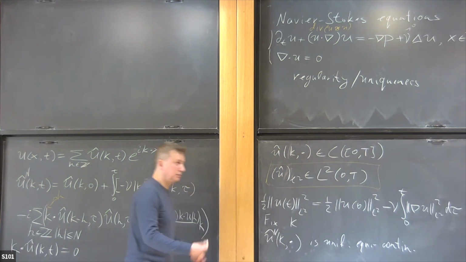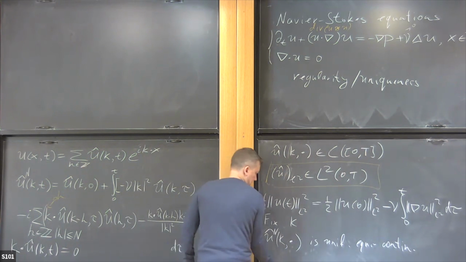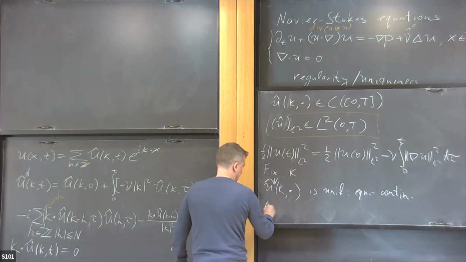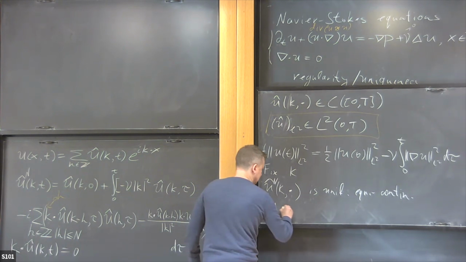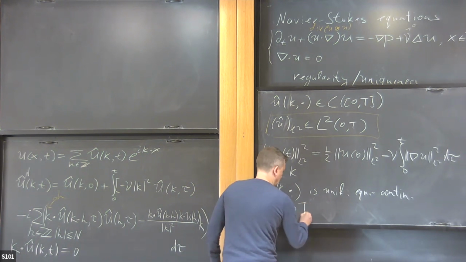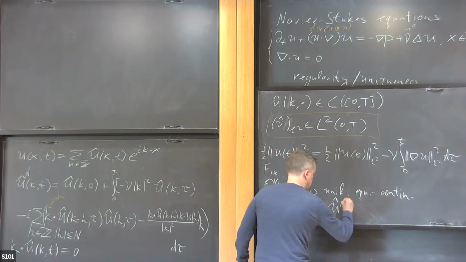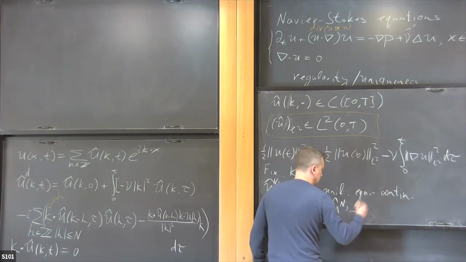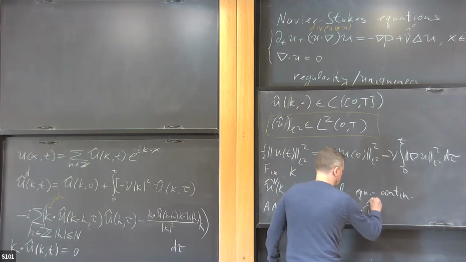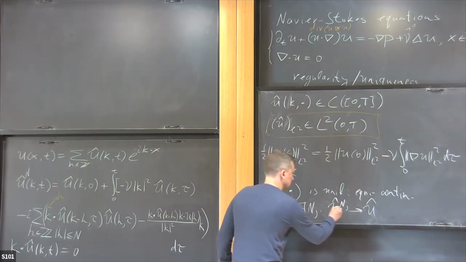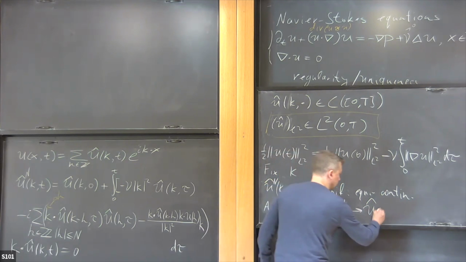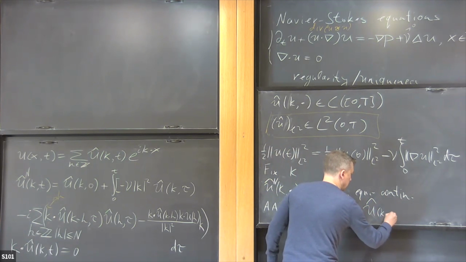So we can just apply the Arzelà-Ascoli theorem, and it gives you the existence of a subsequence N_j such that u_{N_j} uniformly converges to some continuous function u, for each fixed k.